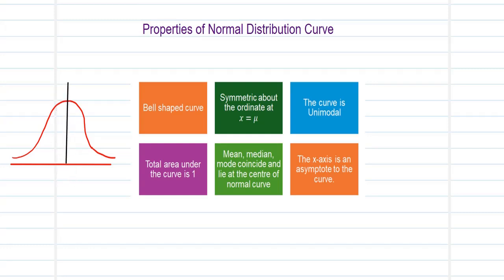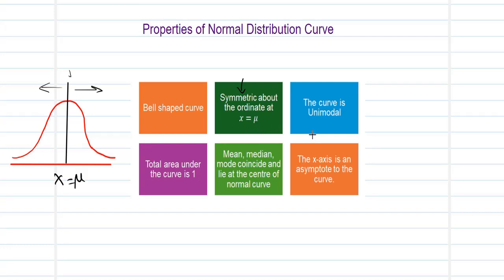So this is going to be the line. So what is the name of the line? X equal to mu. So keeping this line as a center, what happens to the left and to the right? The images are mirror images of each other. That's what you name as symmetric. So symmetric means how much of a portion is available in the left, the same portion is available in the right. Okay, so it is symmetric about the ordinate x equal to mu.